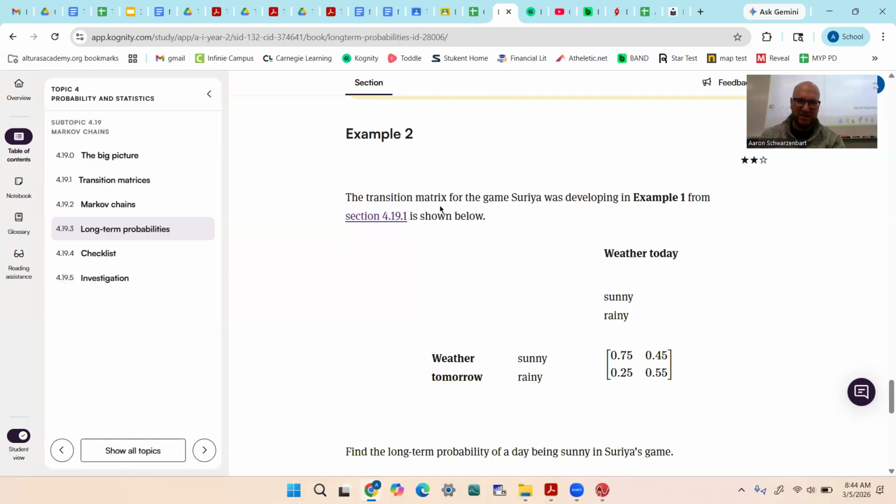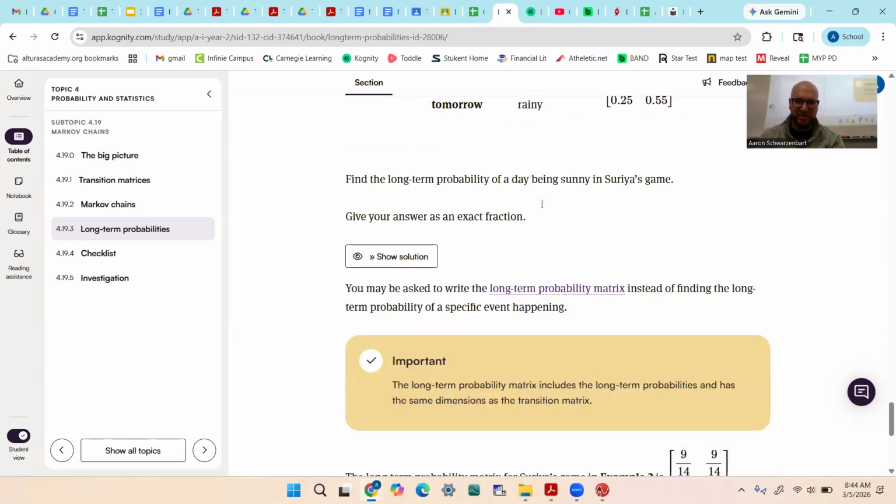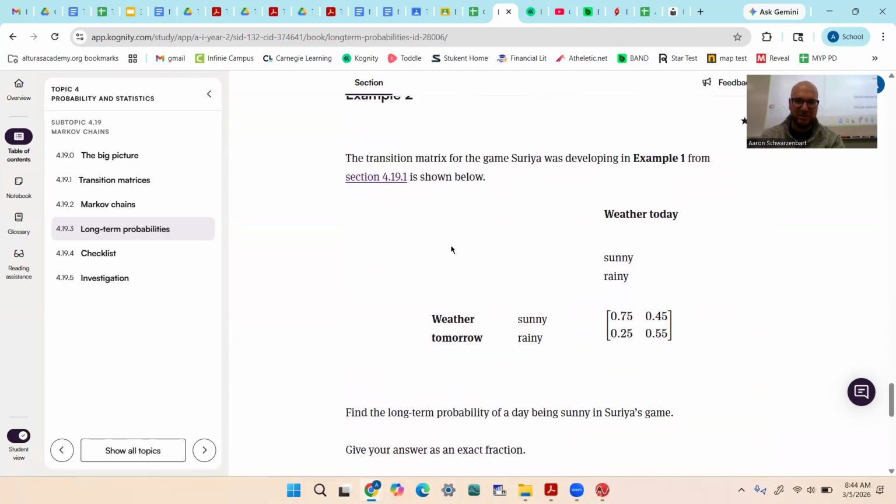So in the transition matrix for the game Surya is developing, it's our last one, we have the sunny, rainy. Okay. And again, they keep screwing this up, but it should say rainy over here. Yeah. So whatever's gone on with the formatting.